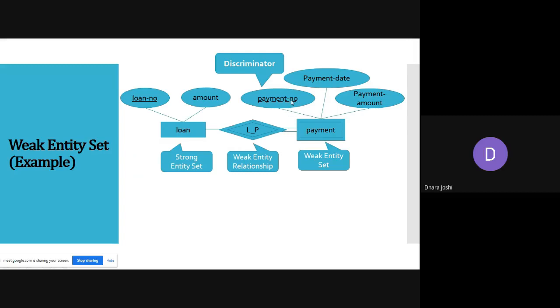So if I want to identify all the records, they can be distinguished by this discriminator, but I cannot get information like installment 3 of 25,000, because it can be of any loan by any person. So the existence of only installment cannot be possible. For that I require loan.